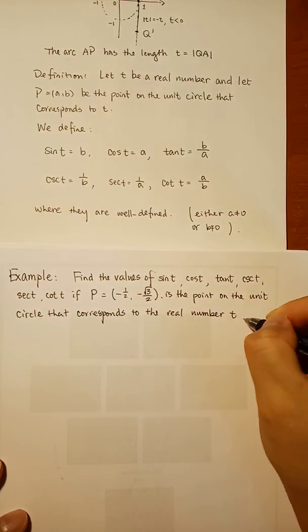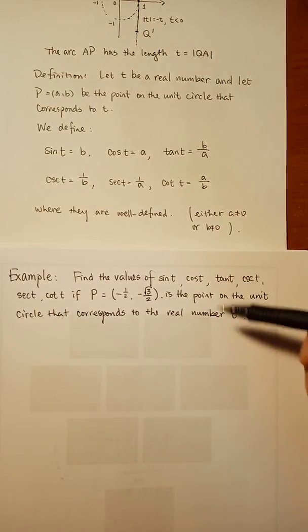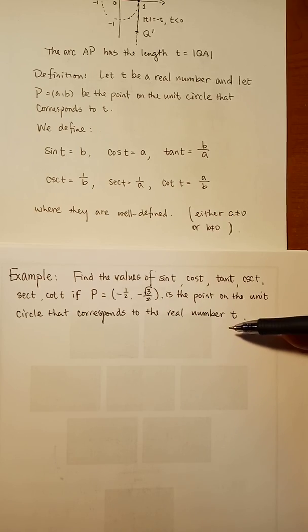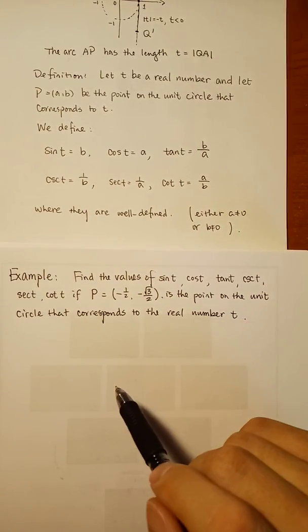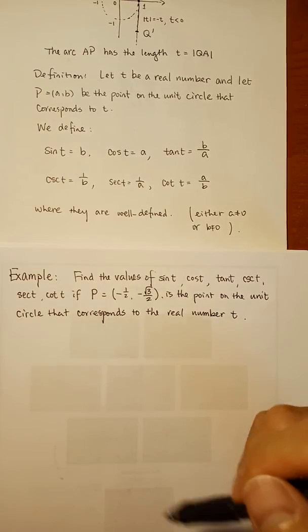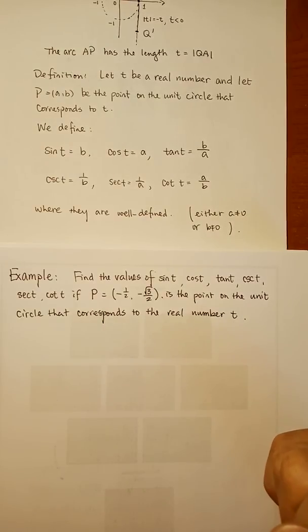So you see here, in this computation, we actually don't care what t is, we care about its image. If for different t they have the same image, then you have the same trigonometric values. We don't know if this will happen or not, but we just have this corollary so far.